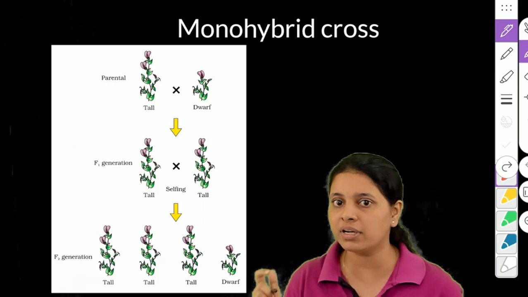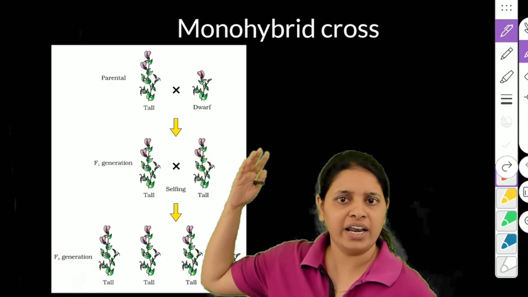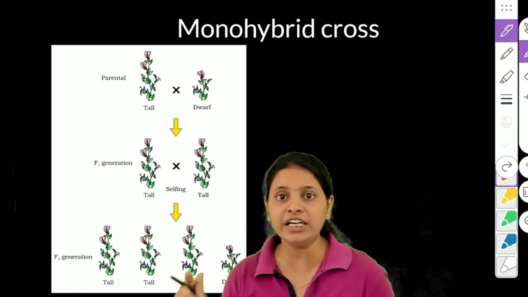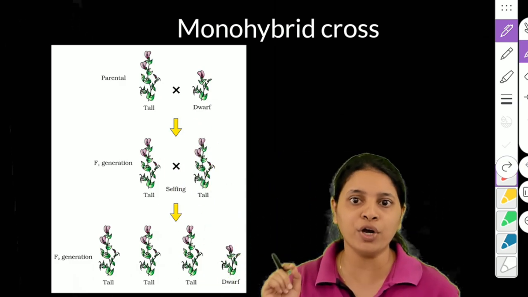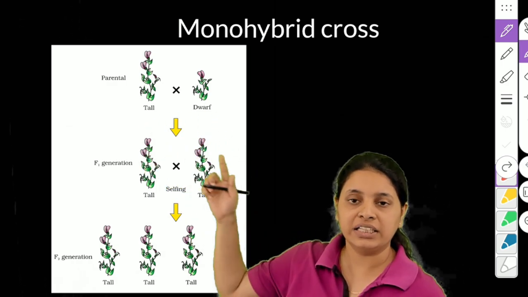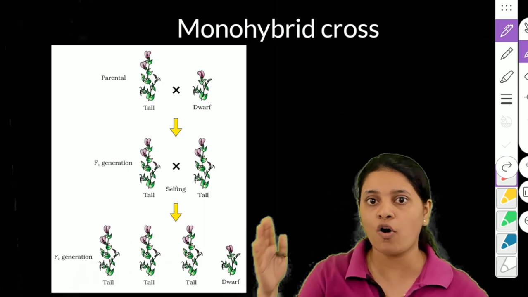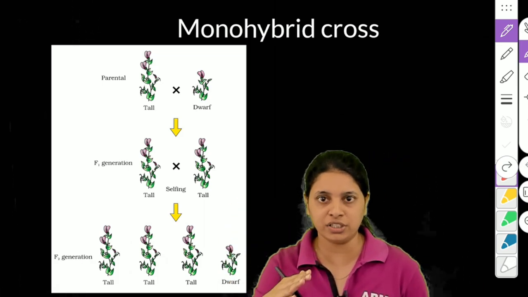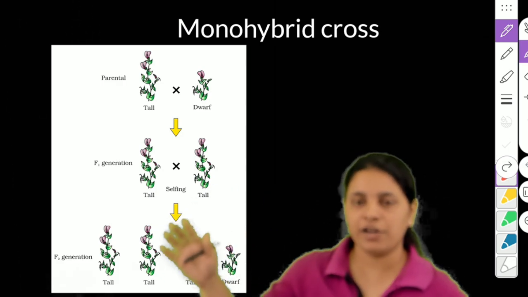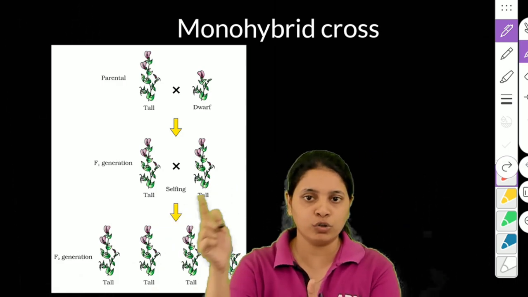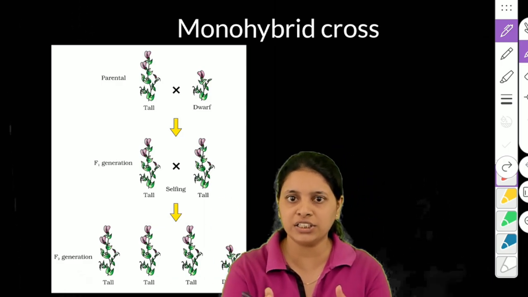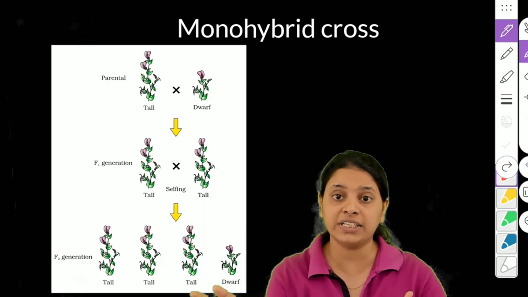Also, we have to remember that when we start with any like monohybrid or dihybrid cross, the parental generation which we take need to be a true breeding or pure line. So these tall and dwarf plants which have been taken here in the parental generation, these are obtained by repetitive self-pollination, and if those plants showed stable inheritance, that is if we let's say take a tall plant, do self-pollination, and in the next generation we get all tall plants, then again do self-pollination, we get tall plants, and so on for several generations.